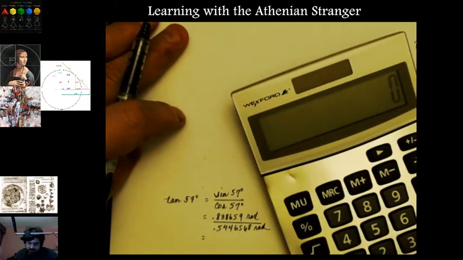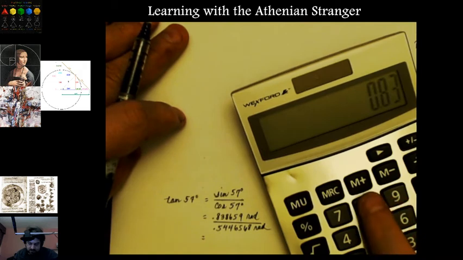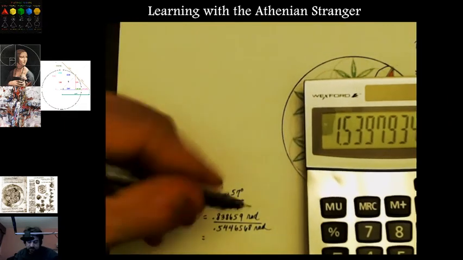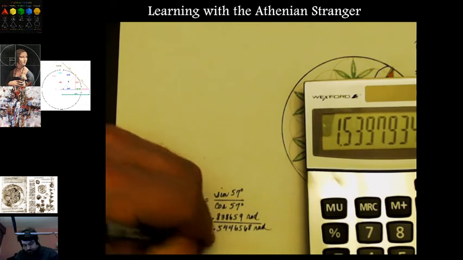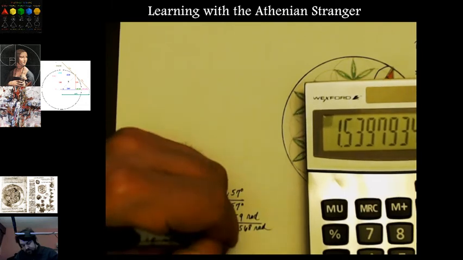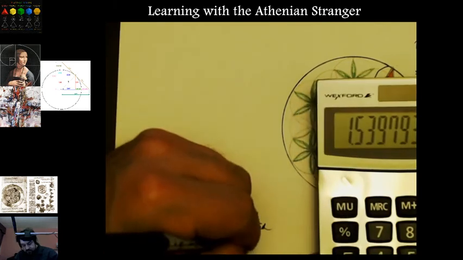If I take 0.838659 and divide by 0.5446568, that gives me 1.53979 radians.